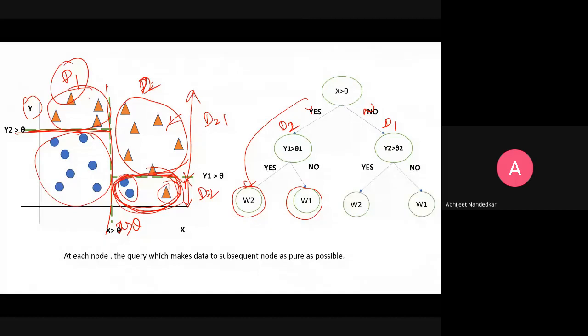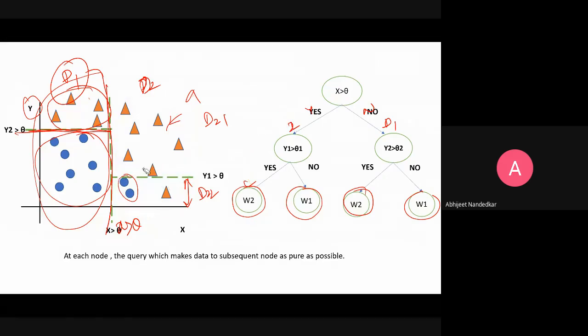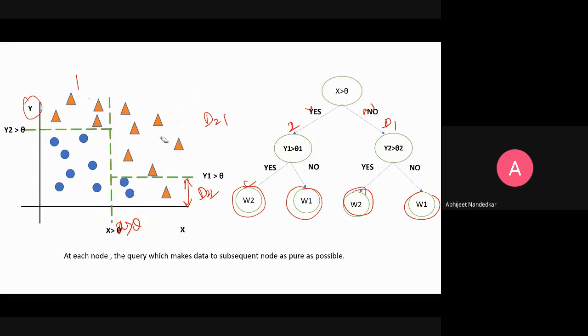So I created two subnodes. So these are leaf nodes for this section. Okay, so this is my complete tree for the given problem. I hope you got the basic idea of how to divide data.